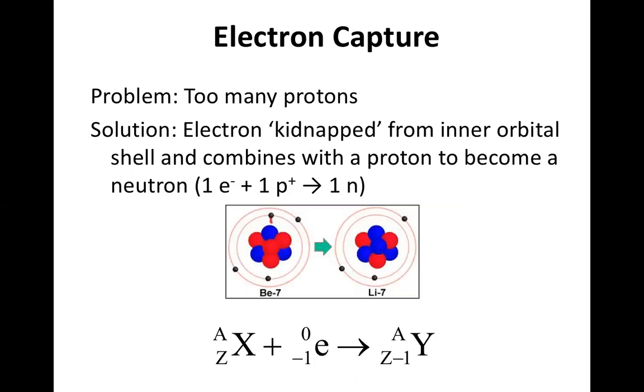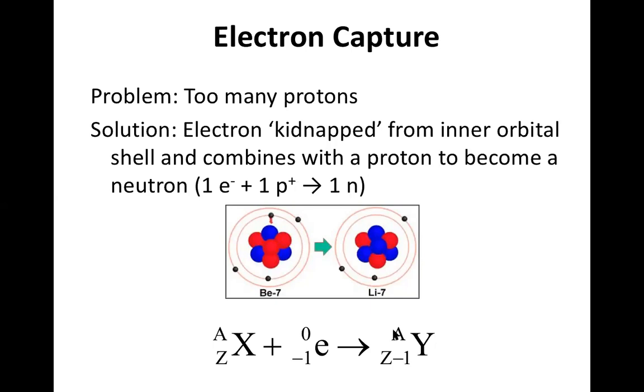Electron capture is the next type of decay. This is when an electron from the inner orbital is kidnapped into the nucleus. The problem is that the radioisotope has too many protons, but not enough mass to undergo beta positive decay. So the solution is that the electron is kidnapped and it combines with the proton to produce a neutron. So you gain a neutron, but you sacrifice a proton, so the proton number goes down by 1.